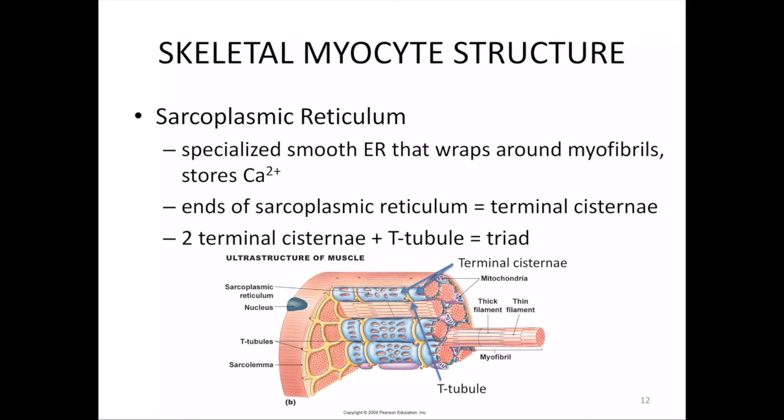This is a storage for calcium, and calcium is very important in initiating the contraction of the myocyte. We also noted that the ends of the sarcoplasmic reticulum are what we call the terminal cisternae, and they sandwich a single T-tubule. So that's how we align it: the T-tubule in the middle, the terminal cisternae on the side, and we collectively call that a triad.